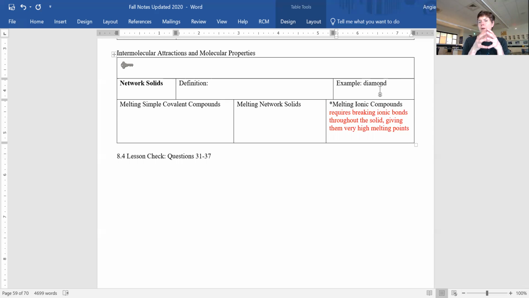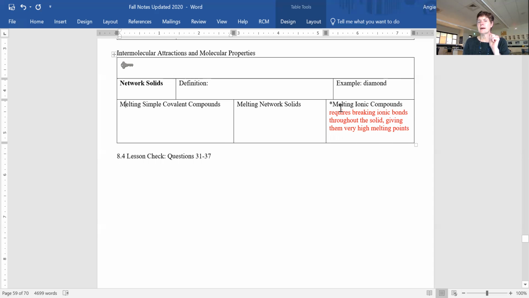These are going to be actually very, very strong types of molecules, and they're going to have very high melting points. So if we remember back to our description of simple covalent compounds, these are going to have very low melting points if we compare to ionic compounds of the same size.